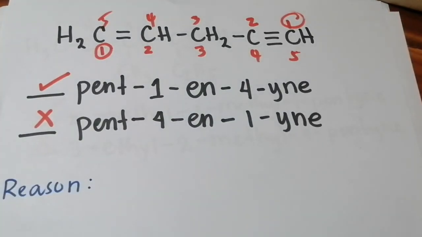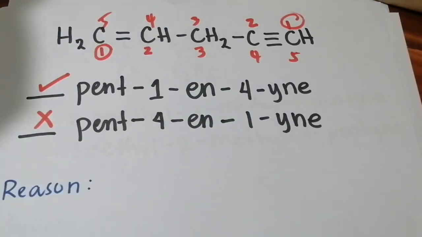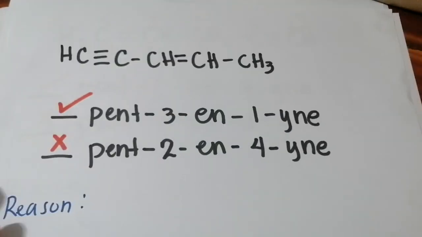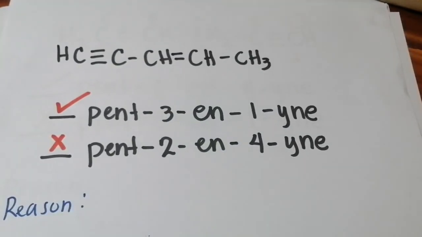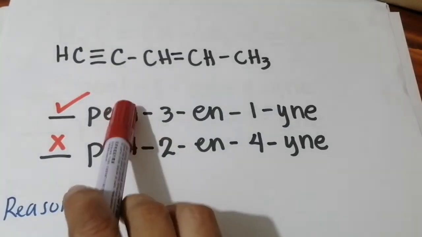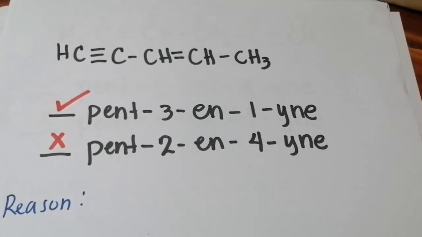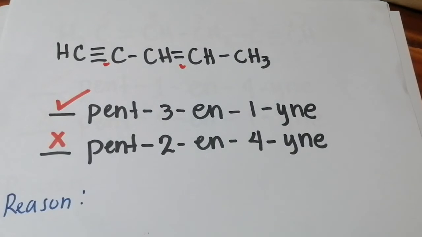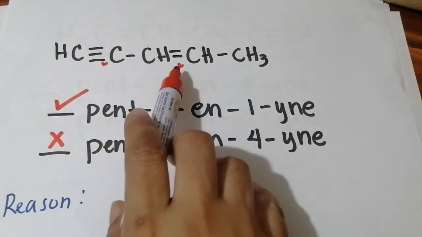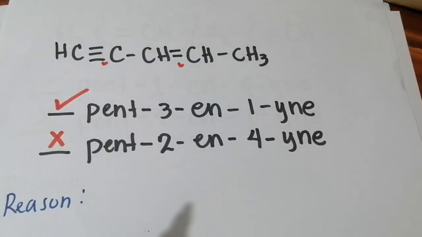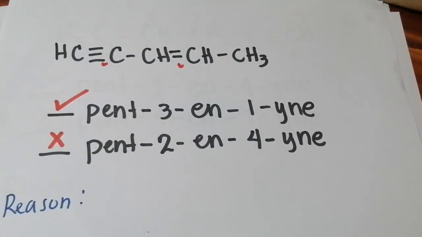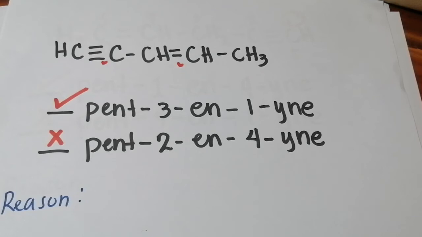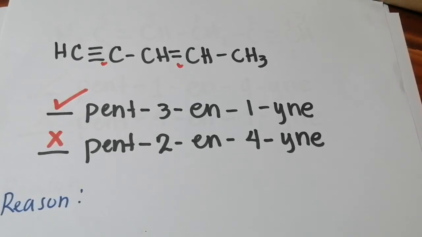Now what if they're not the same in position? For this one, as you can see, it also has a triple and a double bond. But this time, we don't prioritize the double bond.